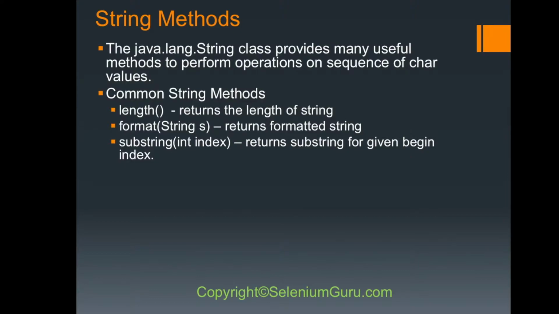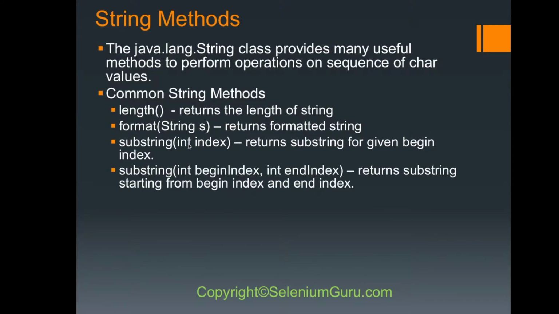You could do that using the substring. And here you use the index, so you get the string at that index. In substring, you can also have different parameters: you have begin index and end index. So you can get the string starting from this index and ending with that index.